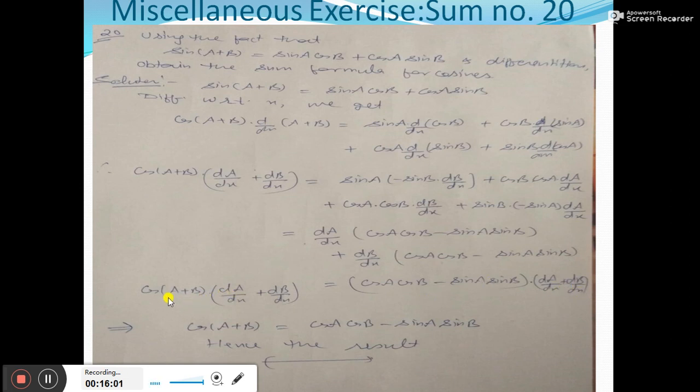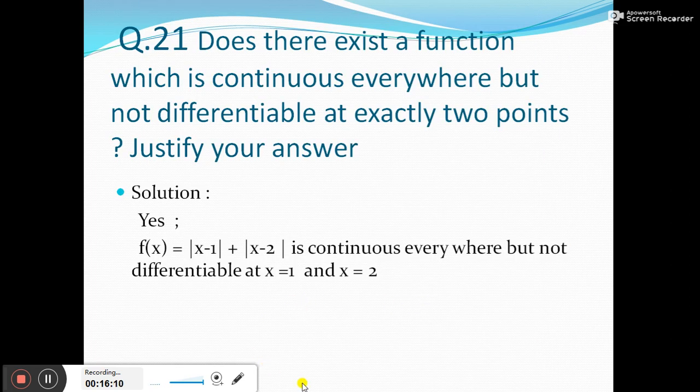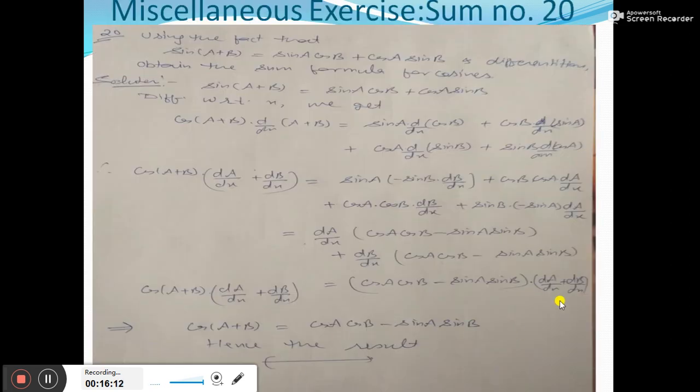In the left hand side we also have cos A plus B into dA by dx plus dB by dx, and therefore we have to cancel both the terms, and therefore we get cos A plus B is equal to cos A into cos B minus sin A into sin B. I hope you understand this.